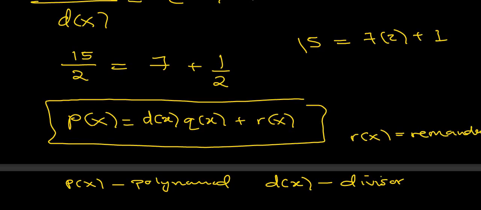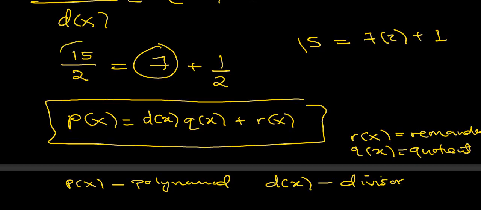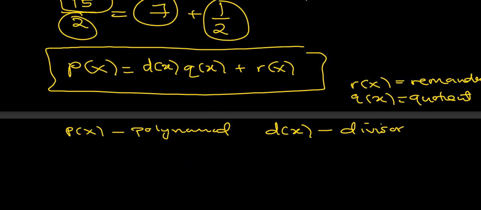Then q of x is what you call your quotient. So the quotient is what you get, like your 7. 2 into 15 is 7 plus a half. This is the polynomial, this is the divisor, then this is the remainder this side. So we can always write your expression like this.